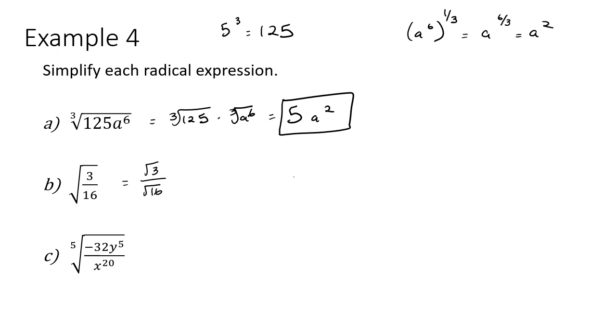And fortunately for us, the denominator, square root of 16, works out nicely because 16 is 4 times 4. And so this would be square root of 3 over 4. If that square root in the denominator hadn't worked out nicely, then we wouldn't be in what's called simplified radical form, which we'll talk a little bit more about in a minute.